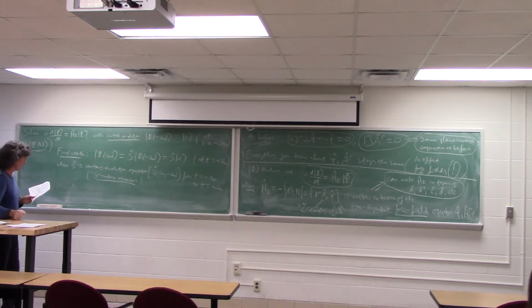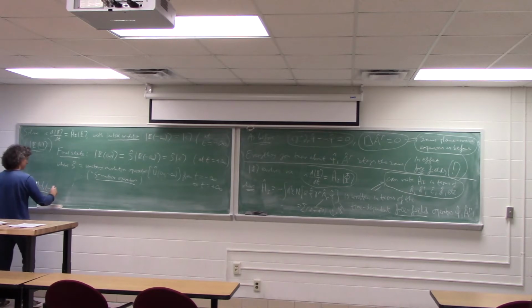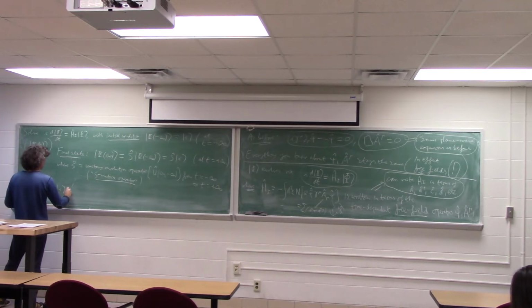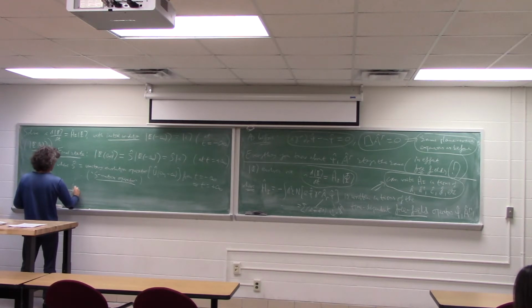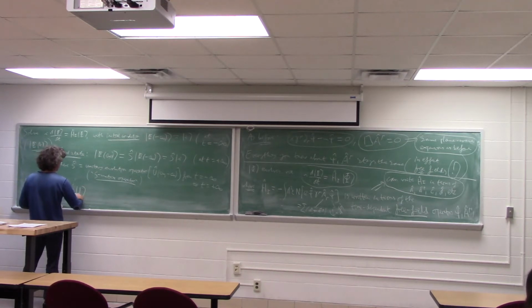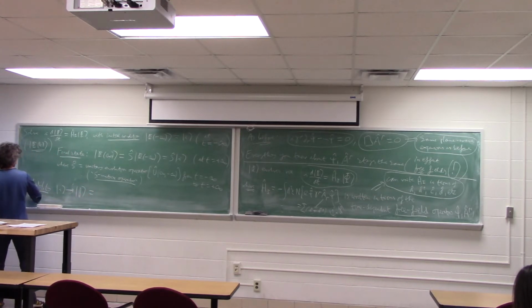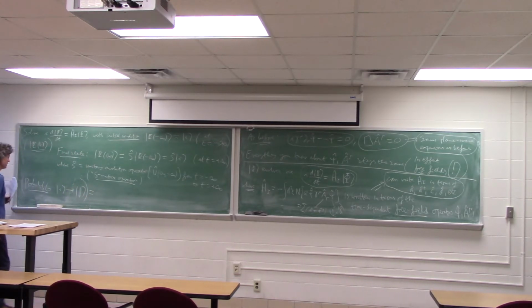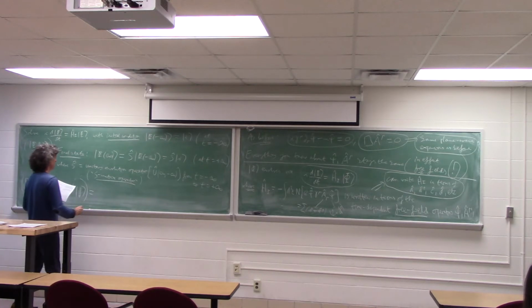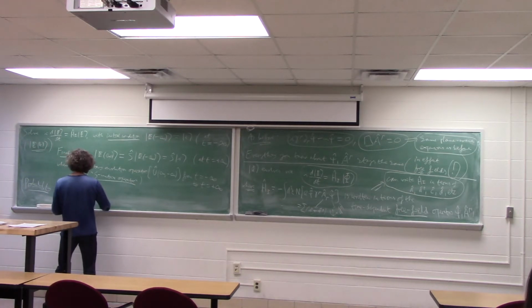So what we're interested in is the probability. What is the probability that the initial state makes a transition to a final state, F? This probability is given by just this quantity here.